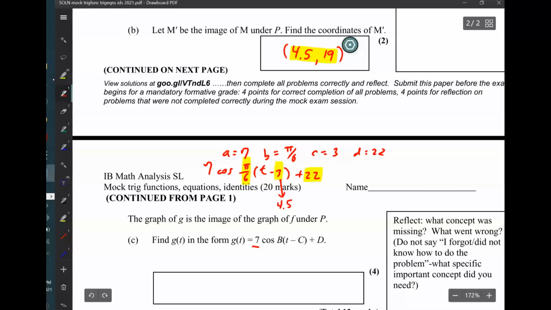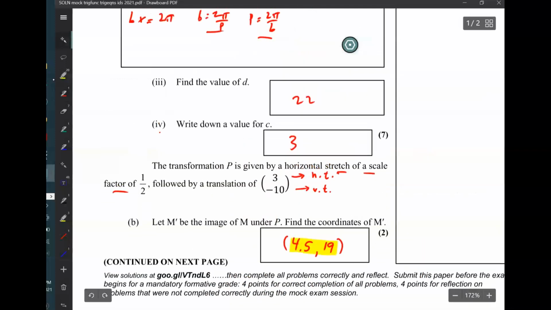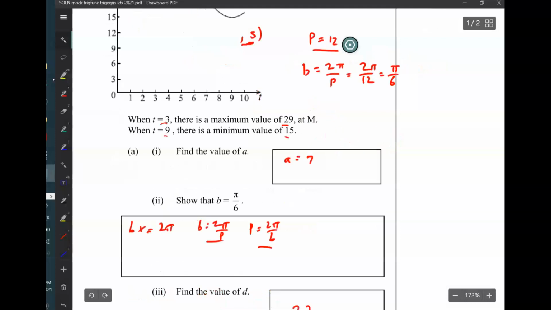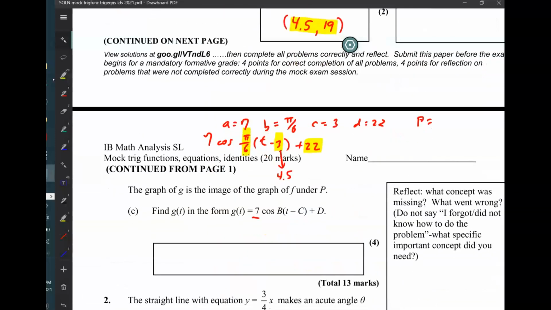Now we have horizontally stretched it by a factor of 1/2, which means that the period before, I can't remember what it was, the period before was 12.